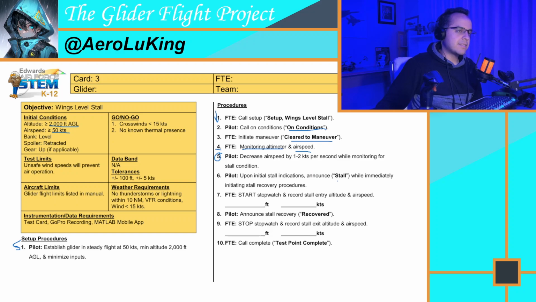And then it's asking the pilot to say stall, so that in case you don't understand what that feeling is, because you're maybe in the glider for the first time, you know that's the trigger for you to write down the altitude and speed at the start of the stall. Click your stopwatch, keep track of the timer, and then write down the recovered altitude and speed.